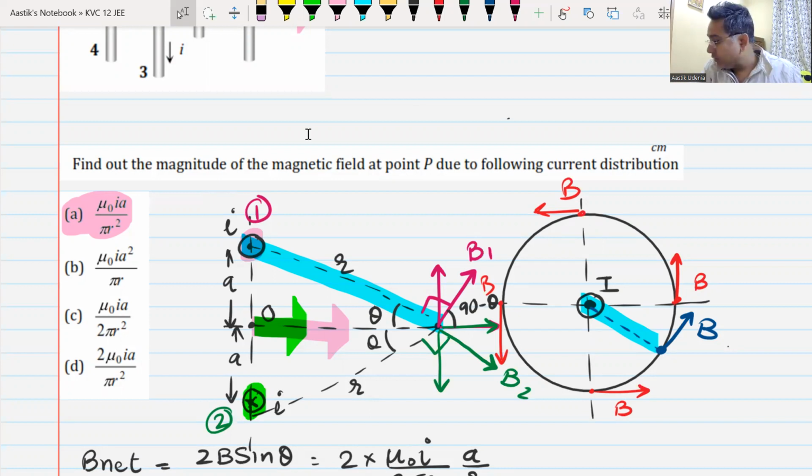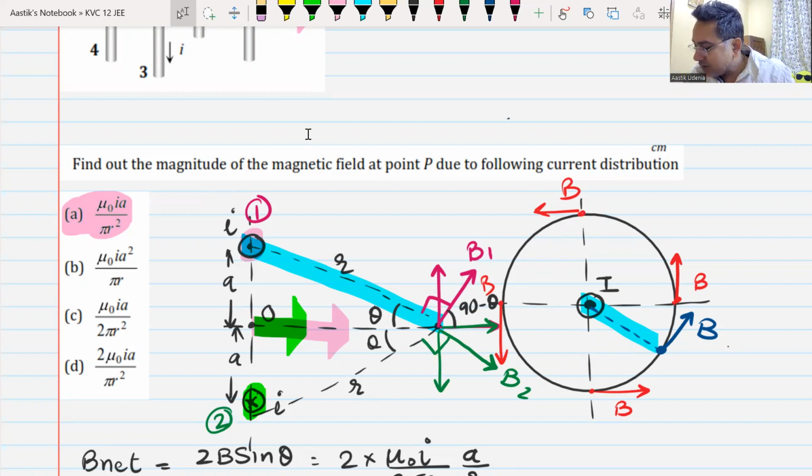And what we'll do today is quickly move on and see the magnetic field due to a circular loop on the axis of the loop. Magnetic field on the axis of a loop, and we will go through it quickly.